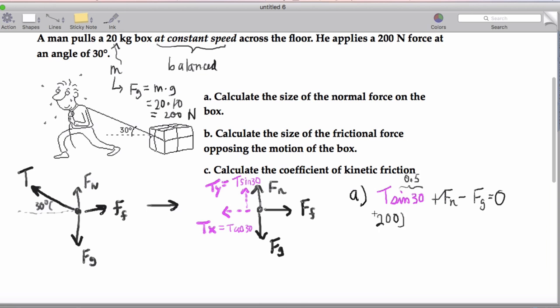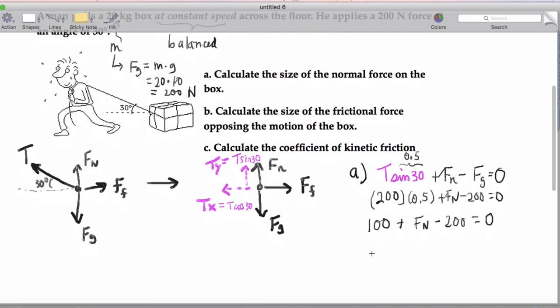So that'll be 200 times 0.5 plus our unknown normal force minus Fg, which is 200, and that's going to equal 0. So we're going to end up getting 100 plus Fn minus 200 equals 0. And finally, when we simplify, the answer to part A is that Fn is going to equal 100 newtons.